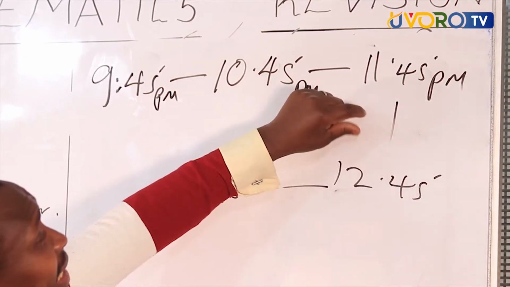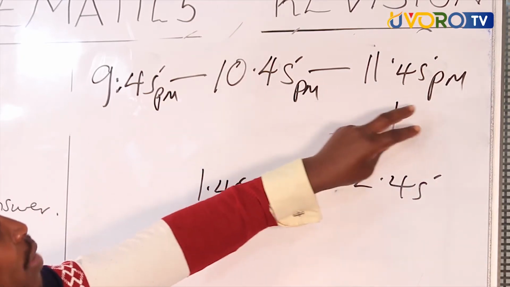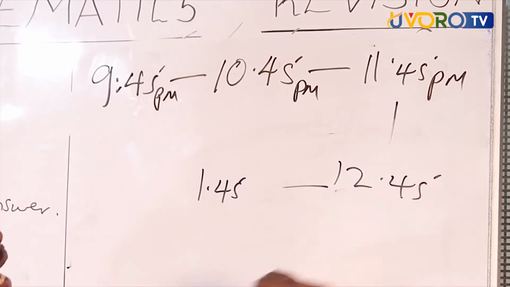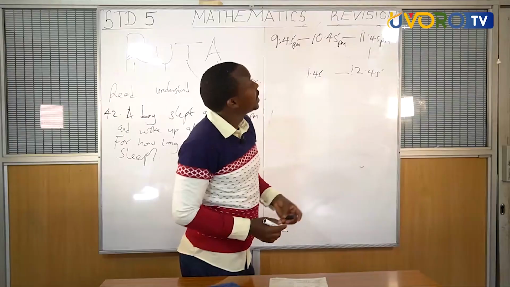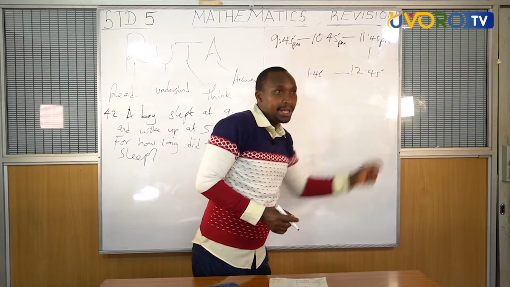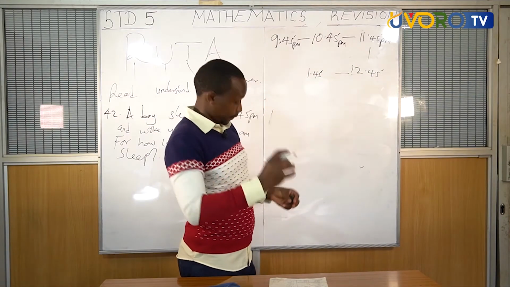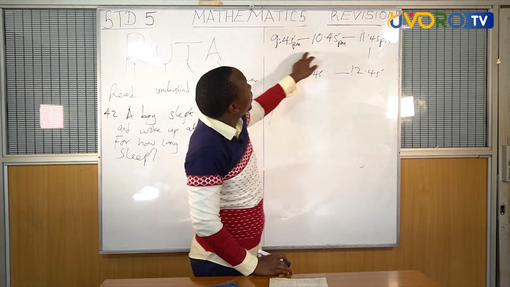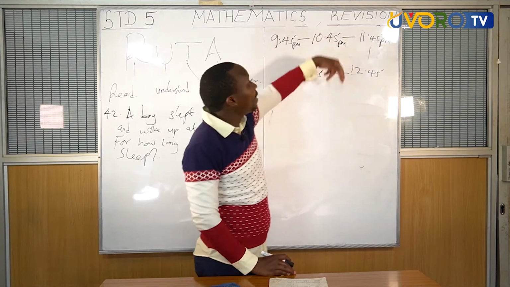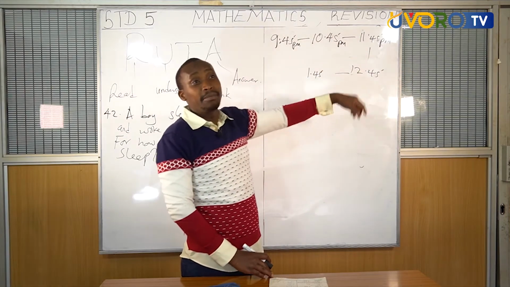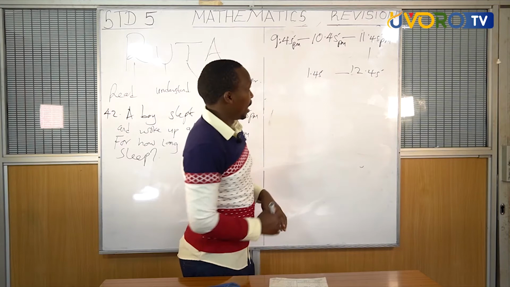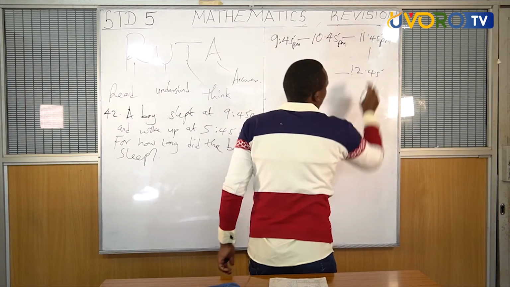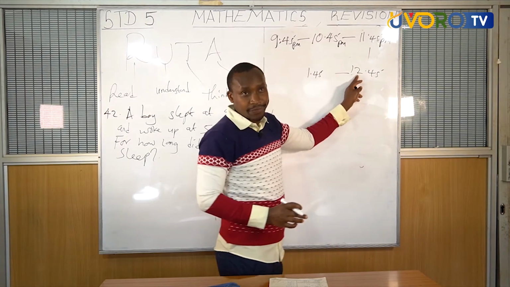So if it reaches 12, p.m. becomes a.m. If we were in p.m. and we arrived at 12, it becomes a.m. But if we were having a.m., we arrive at 12, it becomes p.m. Are we together? Yes, but now we are in p.m.s. It has arrived at 12.